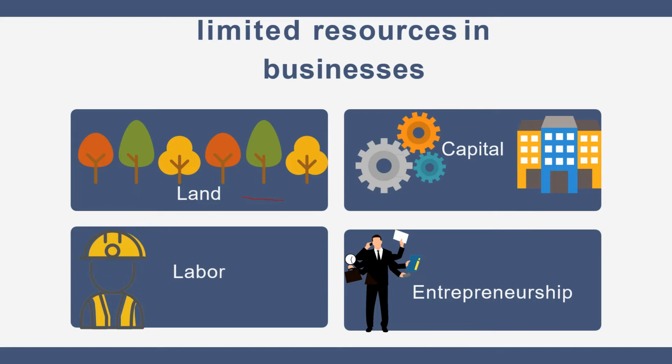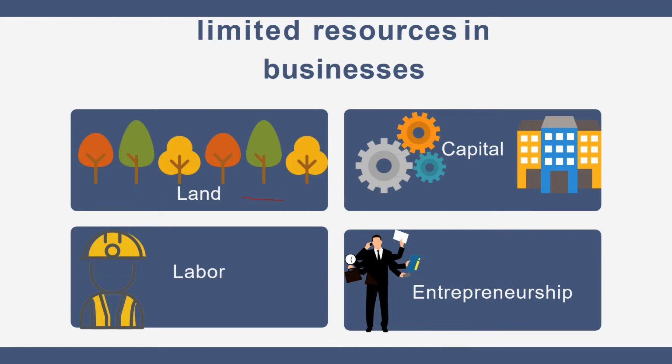What about capital? Capital does not refer to money. Capital refers to usually long-term assets, or goods that are not natural resources. These are goods that are created by men, and they are used to produce other goods. Examples would be the classroom, the buildings, or maybe the roads, the factory, the technology, the appliances that are being used to produce other goods and services. We're not talking about outputs, okay?